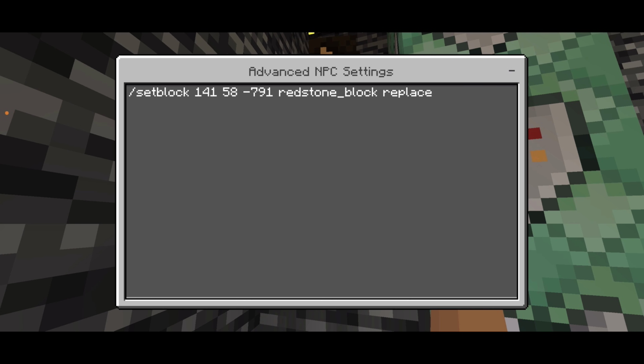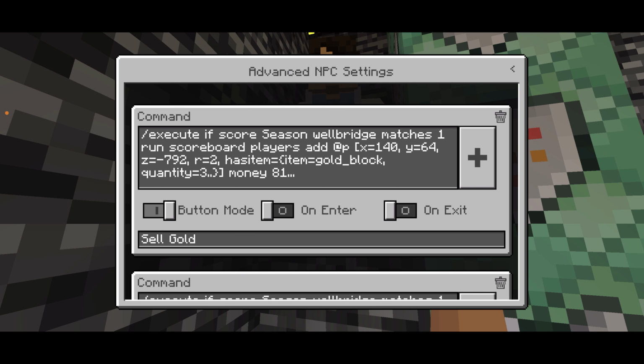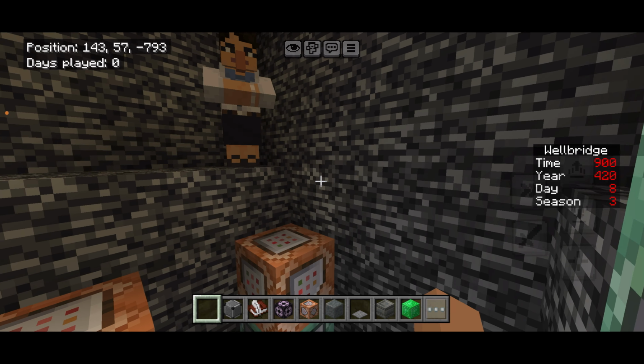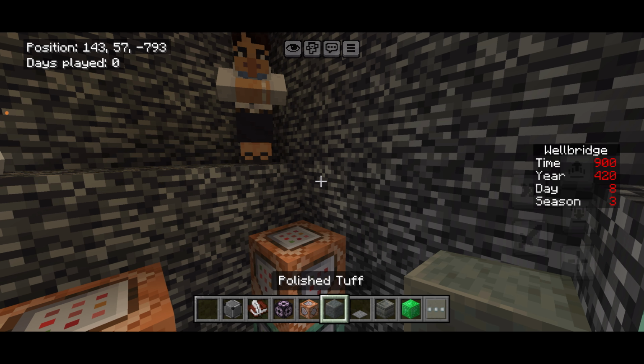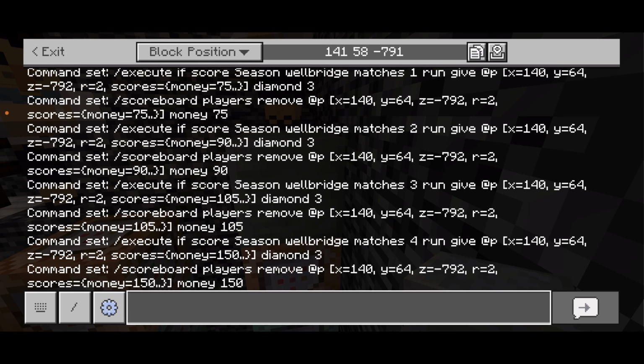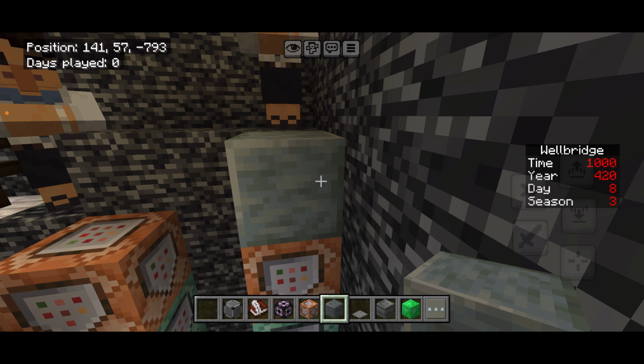So setblock 14158 -791 redstone_block replace. So let's go right here. It's the only one it can be. Let's see if that is the right coordinates. Block position 14158 -791. Okay.